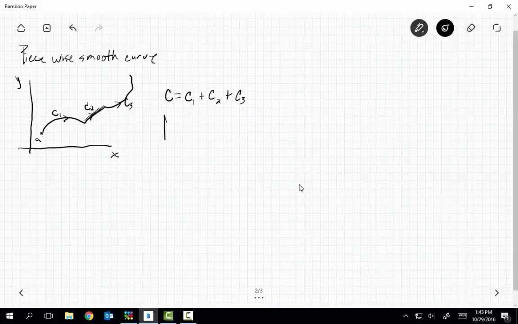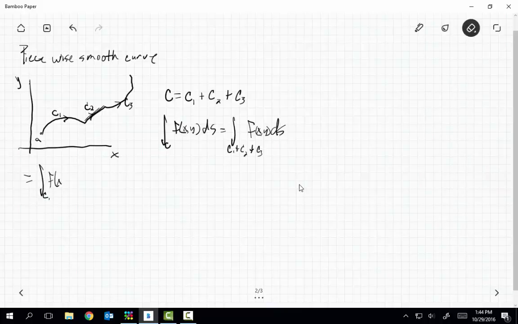So when I take the line integral over C of f of x, y, ds, I can also say that this is the integral over C1 plus C2 plus C3 of f of x, y, ds, and then I can bust those up into individual ones. This is the line integral of C1, f of x. Well, I'm not even going to insult you guys' intelligence with that.